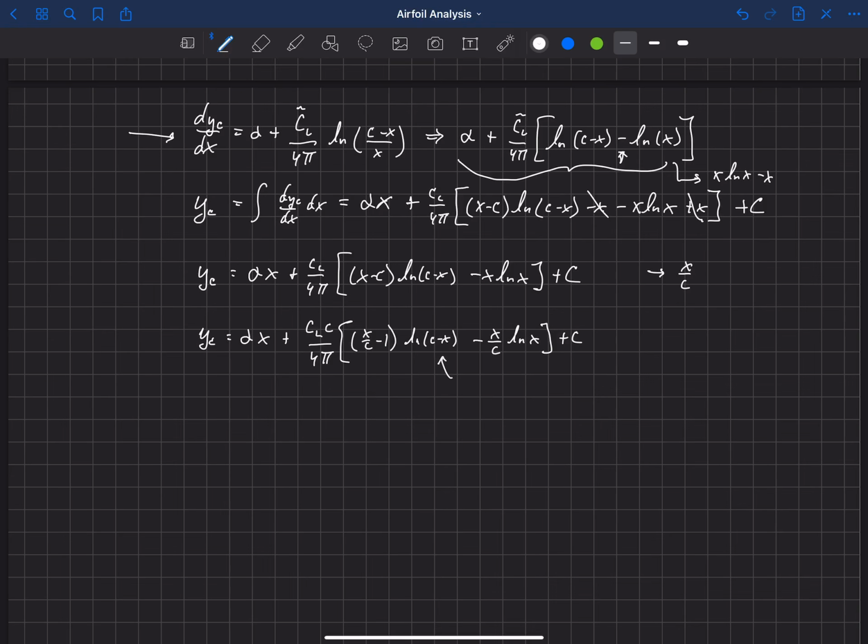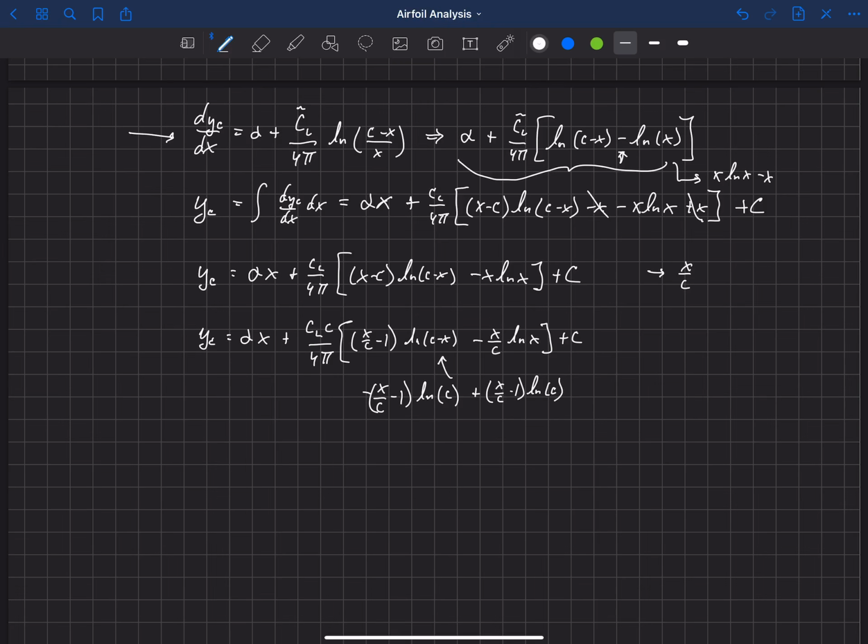So what I'm going to do is minus x over c minus 1 times the natural log of c. So I'm going to have to subtract that off in order to be able to get that term there to have a c over c and an x over c. But because I'm subtracting it off, I'm going to also have to add an x over c minus 1 times the natural log of c. Okay, so for that first term, we're going to add and subtract this, which is just 0. And it just gives me a way to reorganize that.